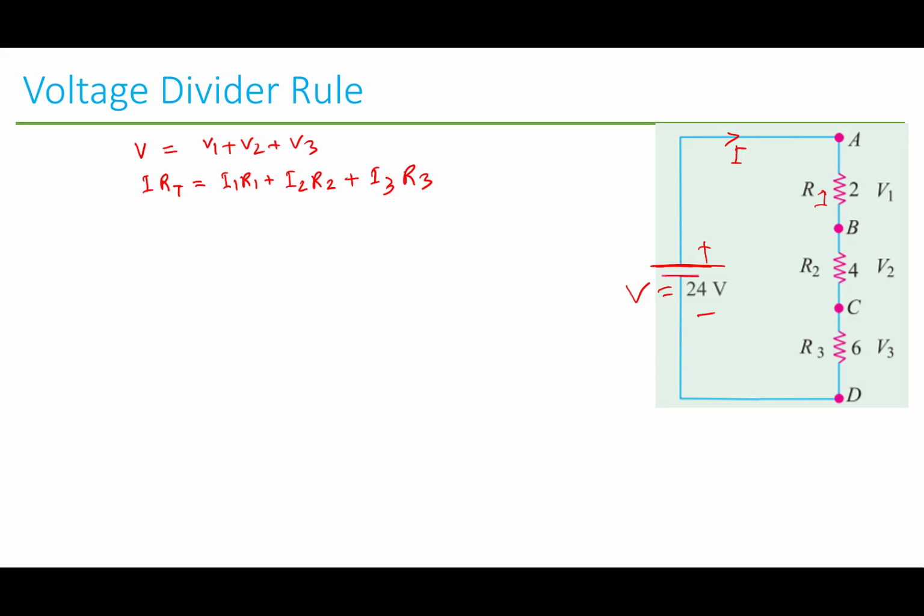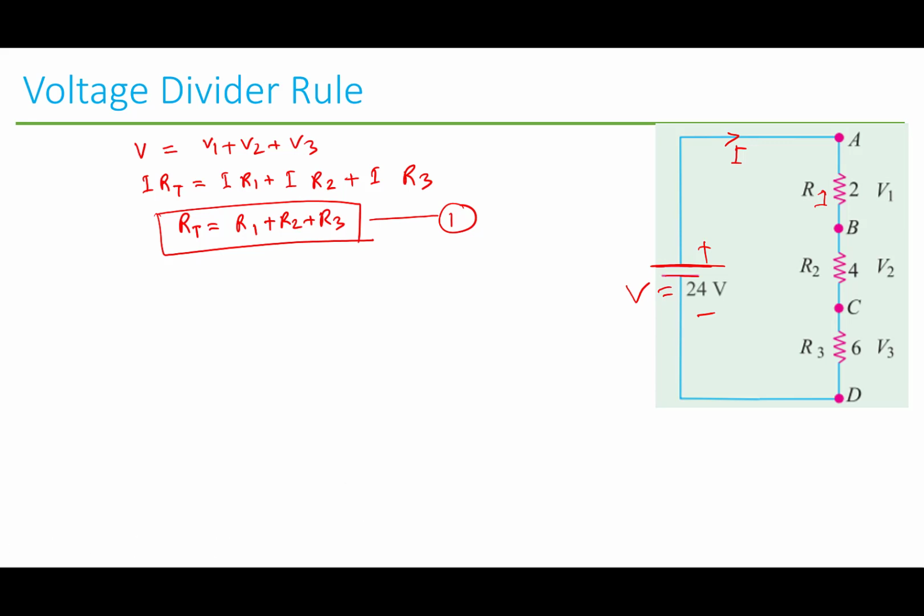Now since the same current is shared by all the resistors connected in series, instead of I1, I2, I3 we can write I, right? So RT equals R1 plus R2 plus R3. We already know that, right?